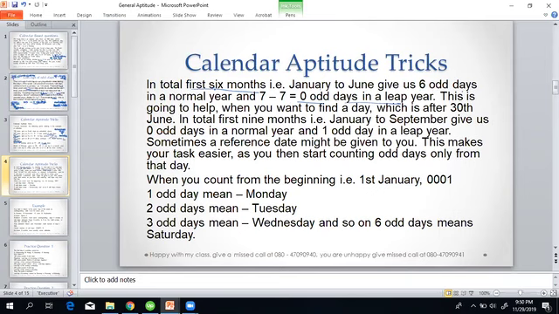So that gives us 0 odd days from January to June. And for the second half, after 30th June, the total first 9 months, that is from January to September, gives us 0 odd days in a normal year and 1 odd day in a leap year.